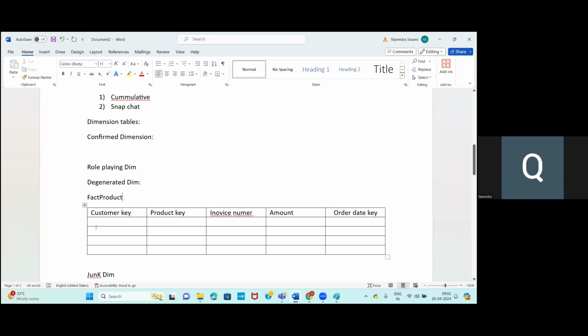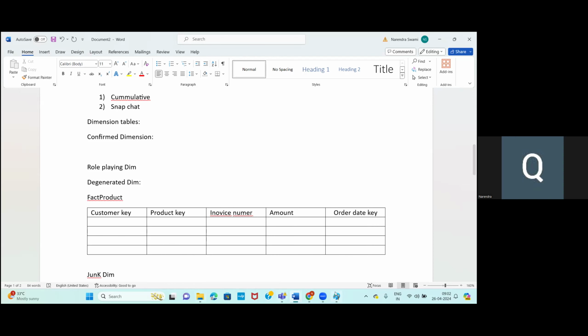Example, fact product: we have a customer key, product key, and invoice number. By using that invoice number we can derive how many products are sold on a particular day, year, month, week, whatever. So this is degenerated dimension.